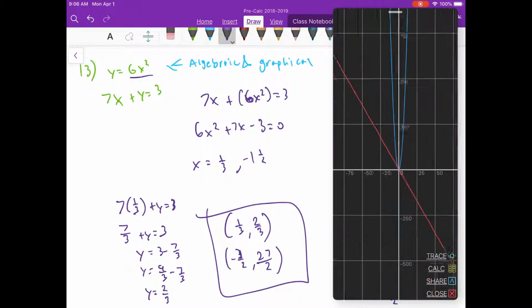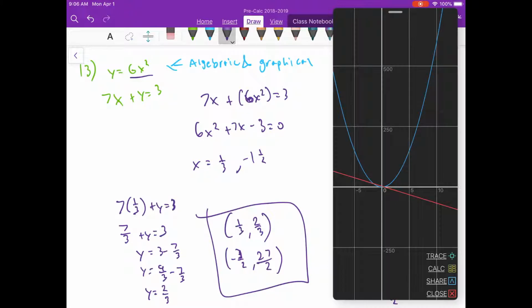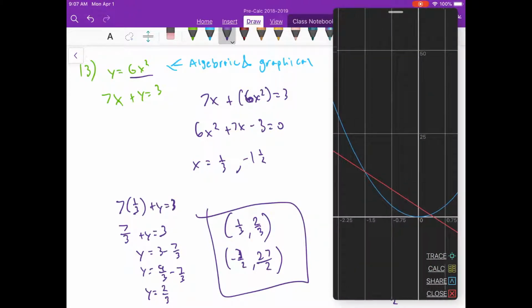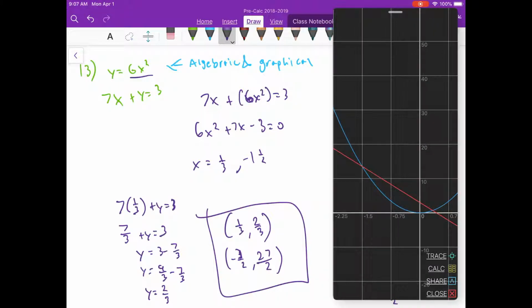that gives us this interesting fellow. Let's zoom in to see what the intersection points are. We have about negative 1.5, and somewhere between 10 and 20, which is about what 27 over 2 is. 27 over 2 is 13.5. That seems about right.